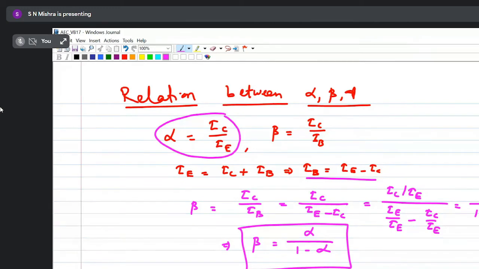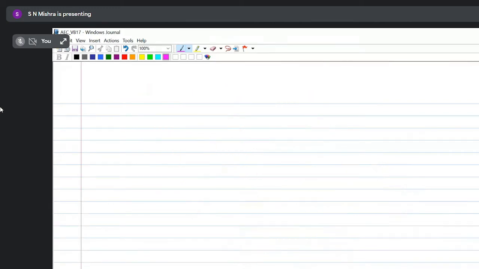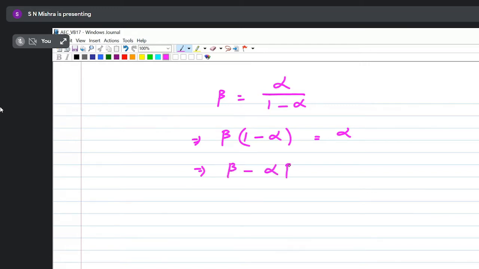If you want to find alpha in terms of beta, then you cross multiply. We have beta equals alpha by 1 minus alpha. Cross multiplying, beta into 1 minus alpha equals alpha, then beta minus alpha beta equals alpha.